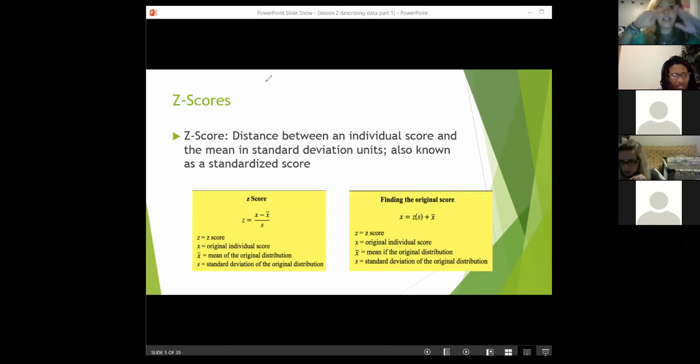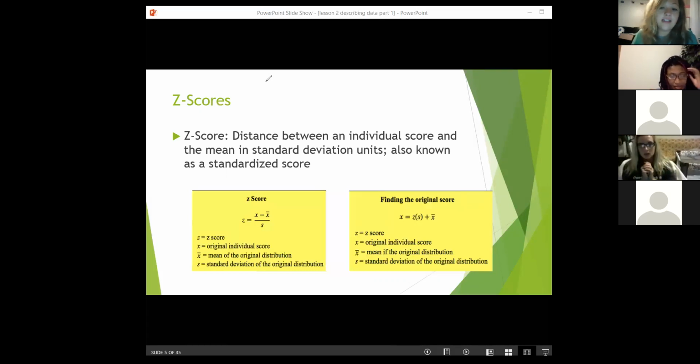So if you have data in a normal curve and you have points in your data set, the z-score is basically taking those points and putting them on a new graph at the same distance from the center, but standardized on a graph that has a mean of 0 and a standard deviation of 1, instead of your initial graph with its own mean and standard deviation. This is always tricky for people to wrap their head around, which I totally understand. It's definitely a tough concept.